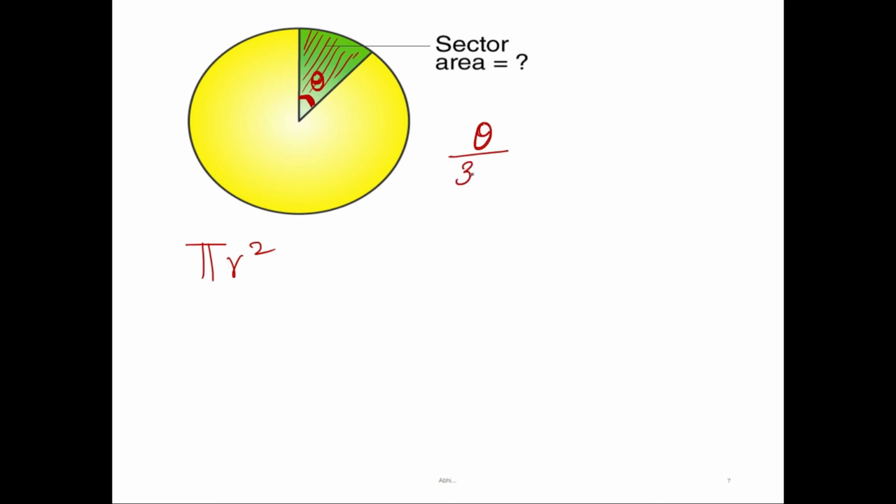So theta out of 360 is the portion that we are talking about. So the area will be theta over 360 times pi r square. This is the area of a sector.